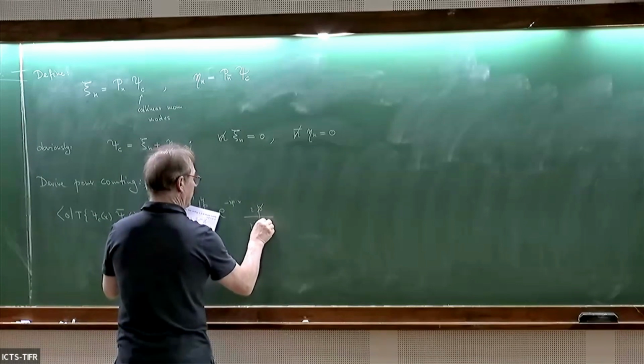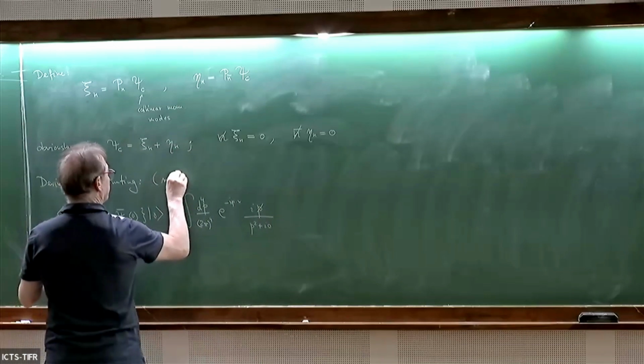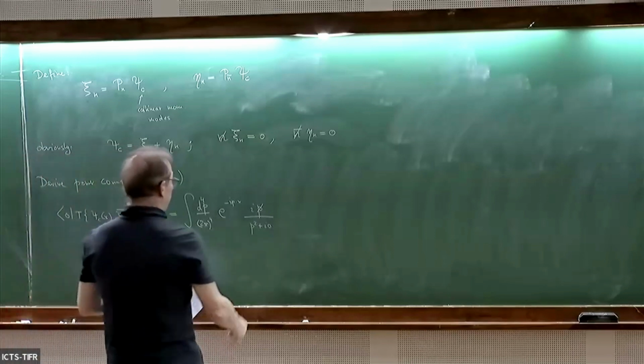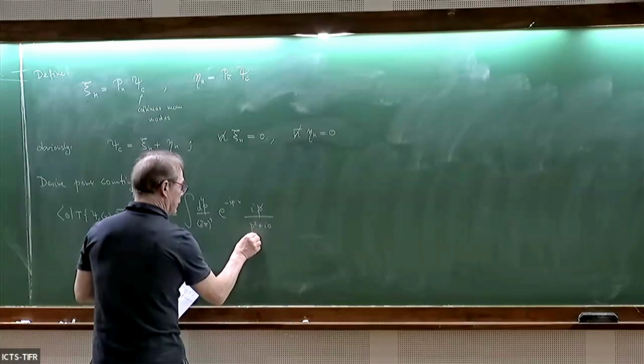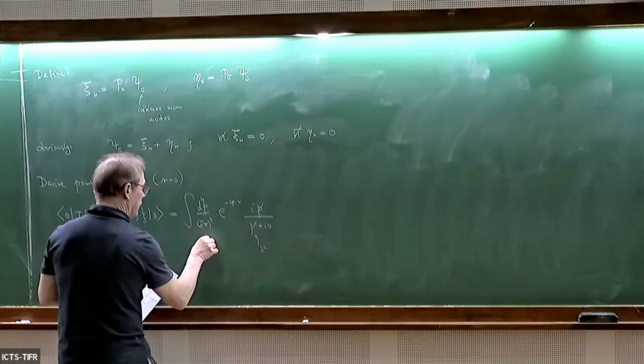It wouldn't change anything if we added the mass term. So let's set m equals 0. This is the Dirac propagator, and you know, p square is order lambda square. P to the 4 is lambda to the 4.